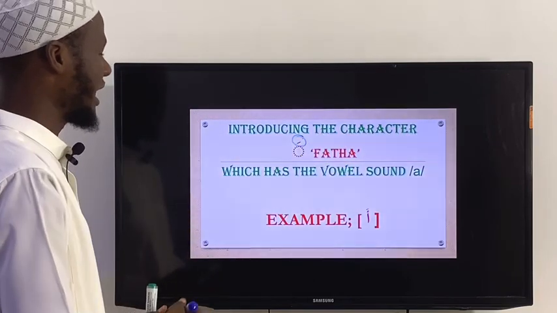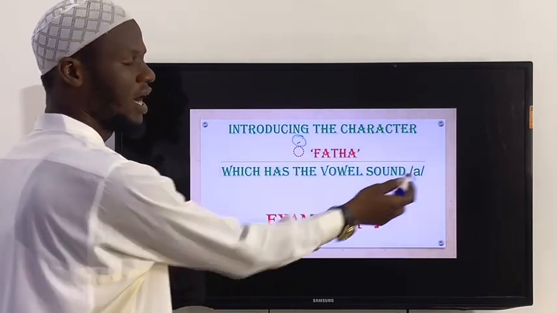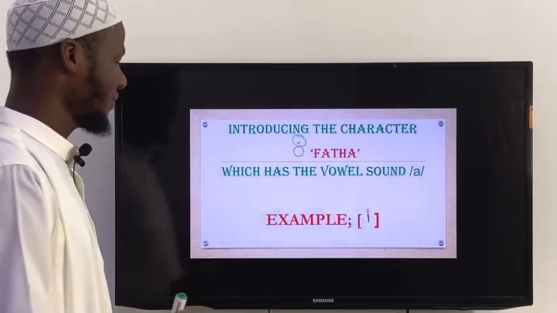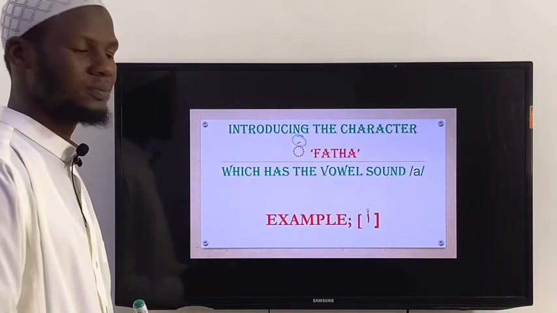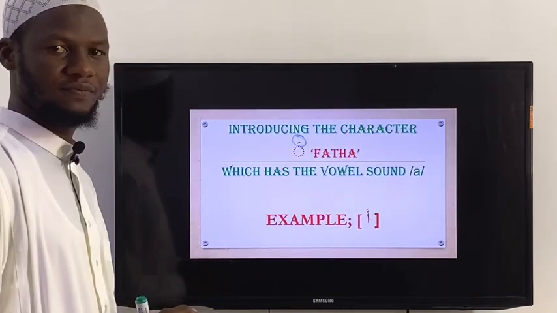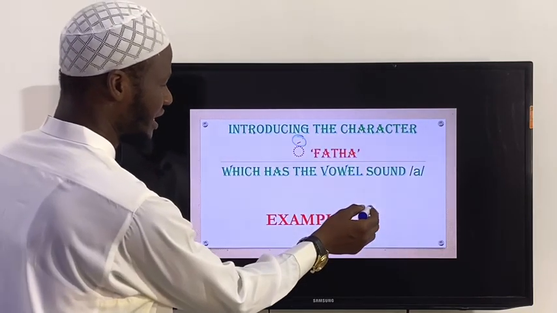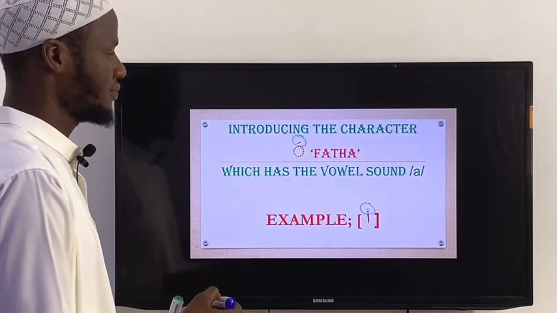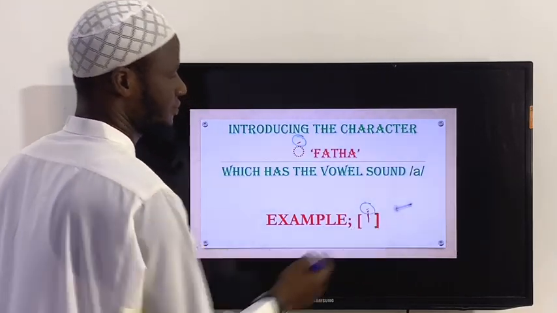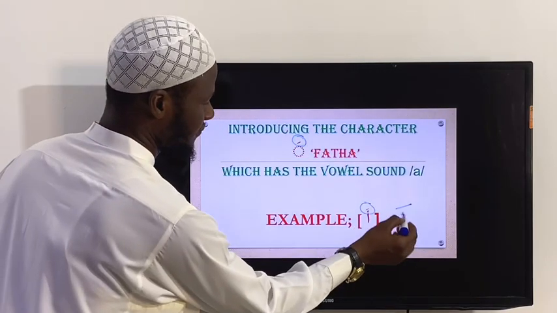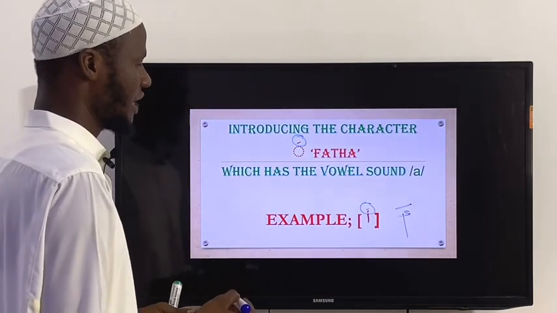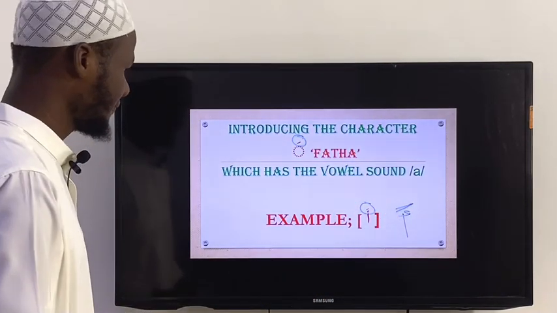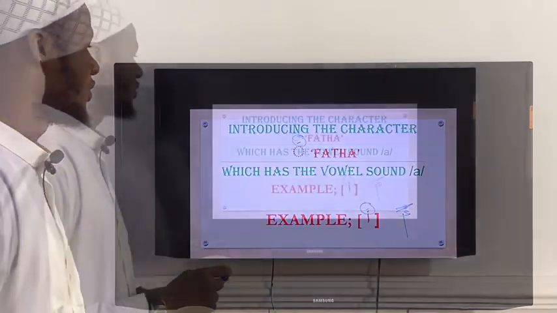This character fatha has the vowel sound a. Example: we have this alif, and then the character fatha written on top of the alif. This is the alif, and this is the character fatha written on top of the alif. So that is what we are going to be looking at today.